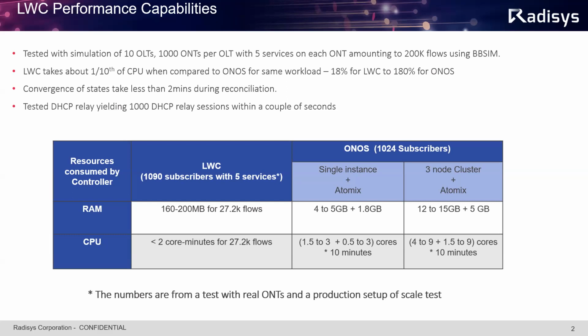So in the case of ONOS, we have a 3-node cluster, so if one node goes down, we will still have the same response time. In the LWC, if that one instance goes down, do you have any numbers around that?